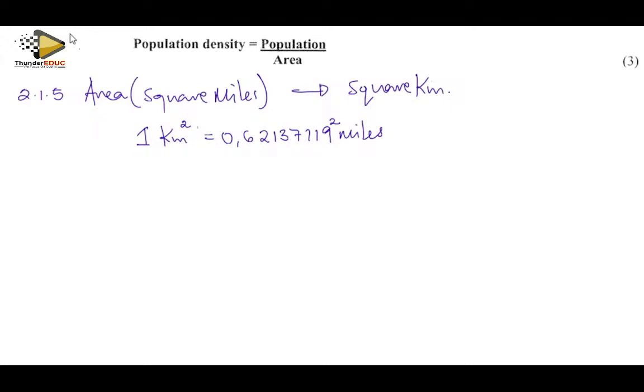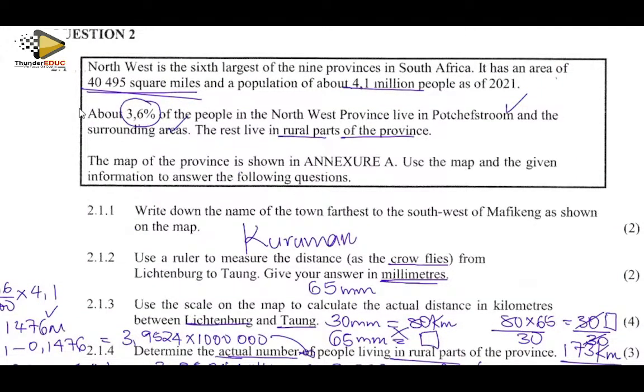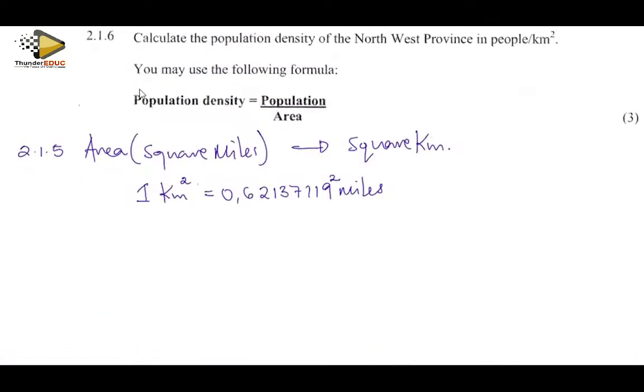We shall go back to the scenario, check very well. What do we have? They have told us you have 40,495 square miles. We want them to become square kilometers. So you come down here. Between these two, we want it to come this side. So here we shall say we have the 40,495. These are square miles. So what are we going to do?